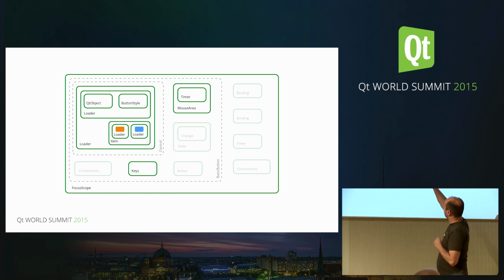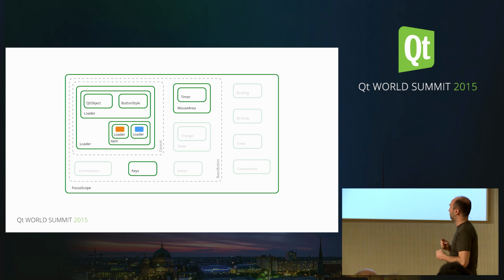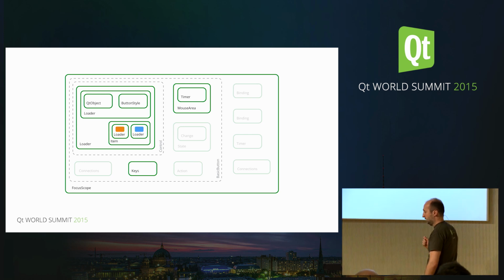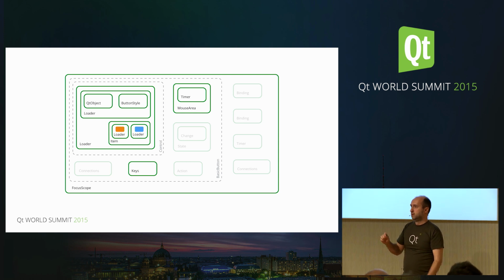Now, if you look here inside the mouse area at the top, you have a timer. That timer actually is for one feature on desktop, and it's to show tooltips. When you move your mouse cursor on the button and it enters the mouse area that corresponds to the button, it will start this timer.